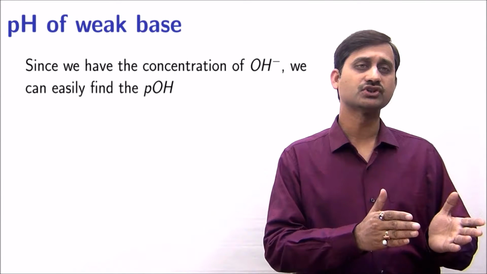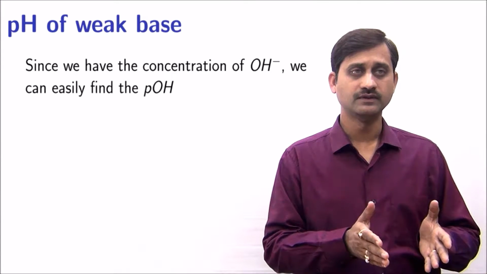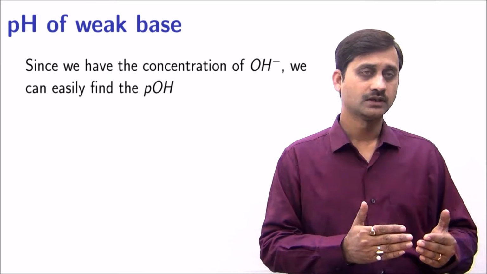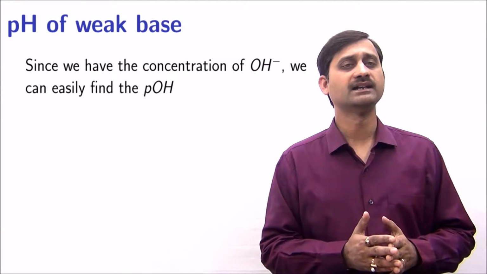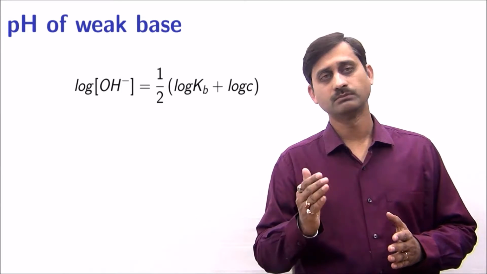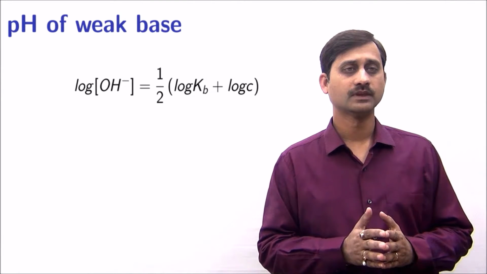Since we have the concentration of hydroxide, we can easily find the pOH. Now here, log of OH minus would be equal to 1 by 2 of (log Kb plus log C).